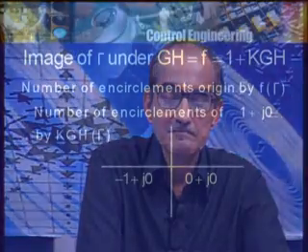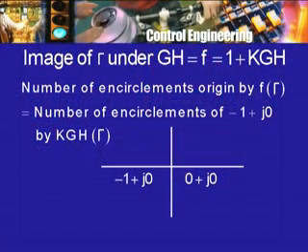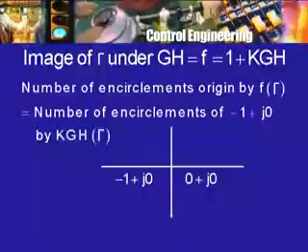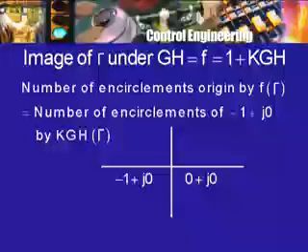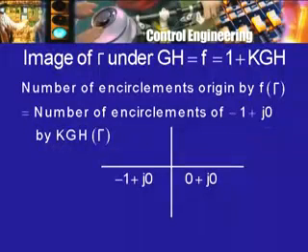The number of encirclements of the origin by f gamma is equal to the number of encirclements not of the origin but of the point minus 1 plus j0 by not f gamma but gh gamma. That is, for the image contour of gamma under gh, instead of looking at encirclements of the origin by it, you should look at the encirclements of the point minus 1 plus j0.